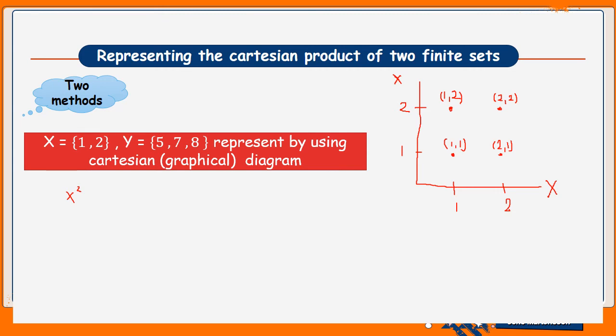This is called the set of two finite sets, represented by a graphical or Cartesian diagram.